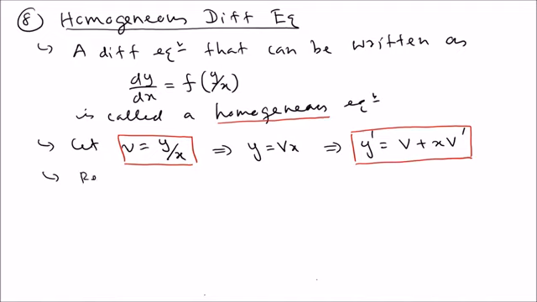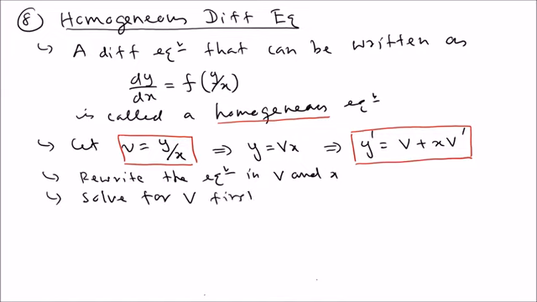So we can say: rewrite the equation in v and x variables, and then solve for v first, and then use y equals vx. So simply multiply by x to solve for y.